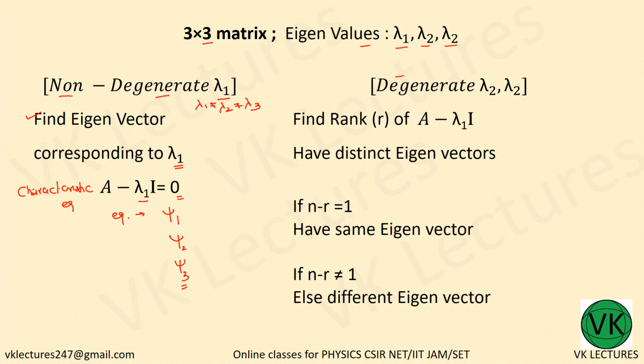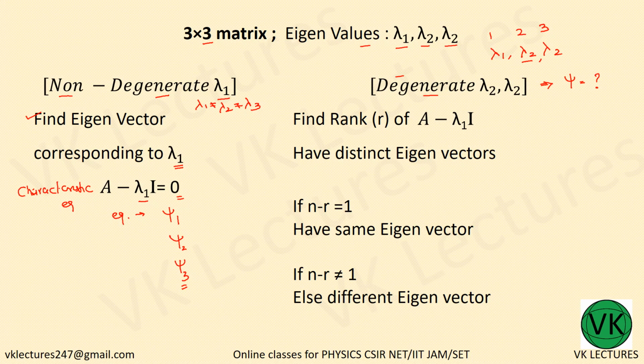Now the question is, if the eigenvalues are degenerate, for example lambda 1, lambda 2 and lambda 2, that means the first eigenvalue, second eigenvalue and third eigenvalue, and any two of the three eigenvalues are the same, then how will we find the eigenvectors?